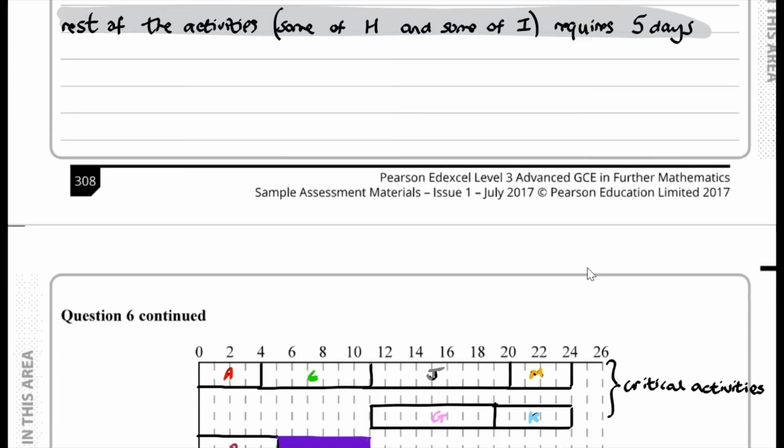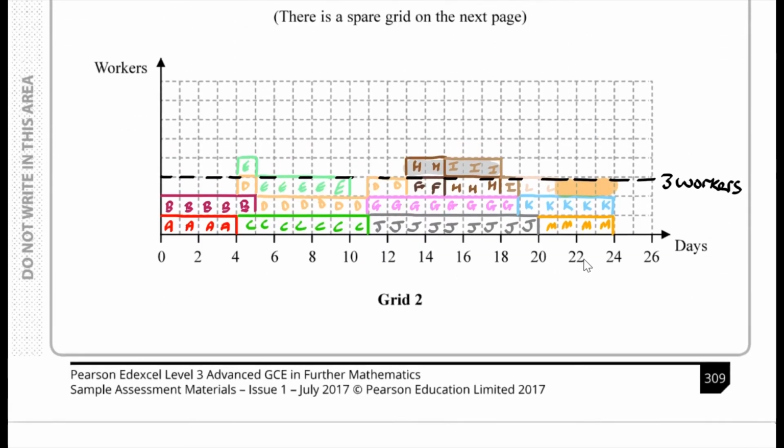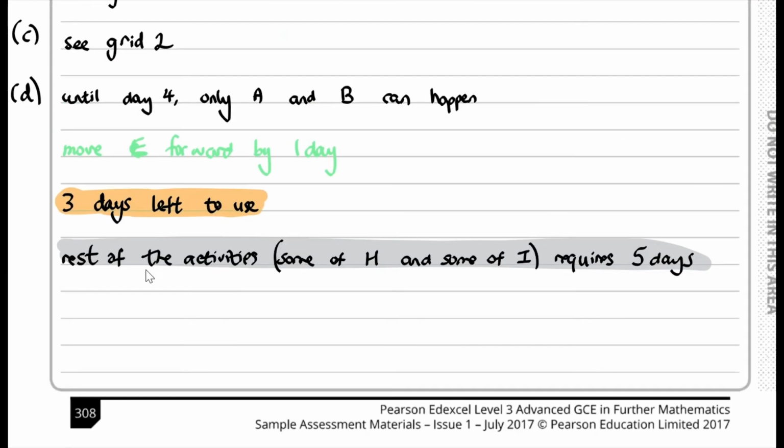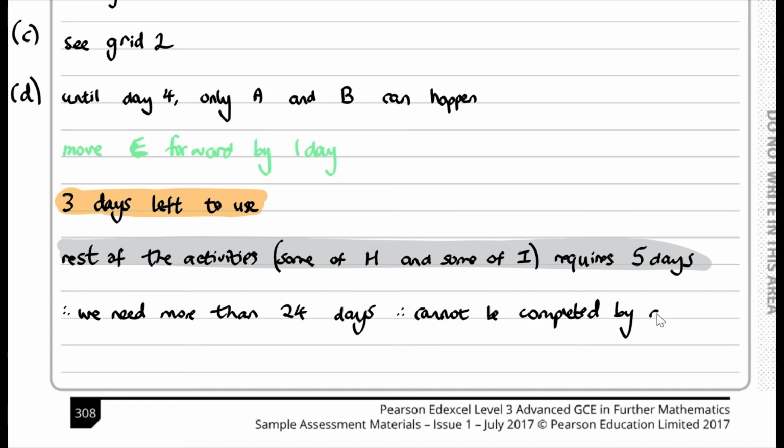And therefore you'd find that we need more days than 24 days. So let's just write that down. In conclusion, we need more than 24 days. And therefore it cannot be completed by day 24 by 3 workers.